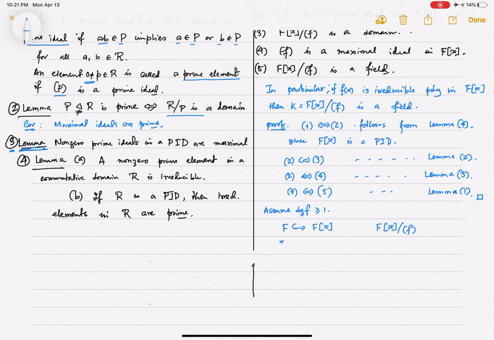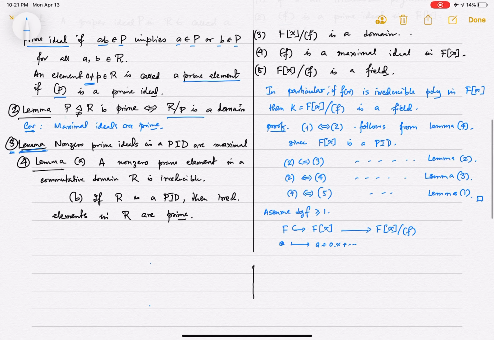The constants have already been identified as the constant polynomials. And then from F[x] to this quotient, you have the quotient map, the map that takes an element to the corresponding coset. So if you combine these two maps, you get a map that takes a to its corresponding coset. And I claim that this is an injective map.